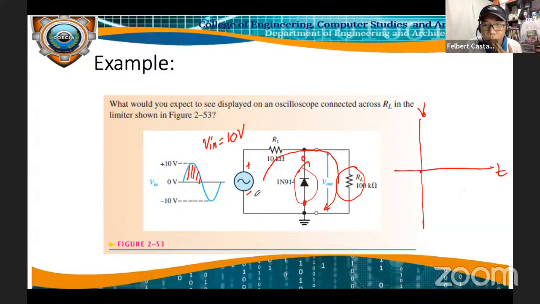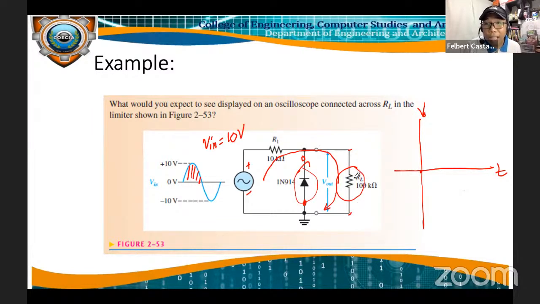Assume natin silicon to, so we have a barrier potential kapag gumana si diode, 0.7. Dahil during the positive half cycle naka-reverse bias si diode, walang current, dito siya dadaan sa RL. Ang mababasa natin is the voltage across R sub L.